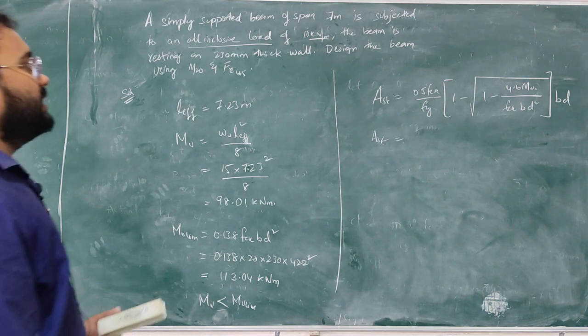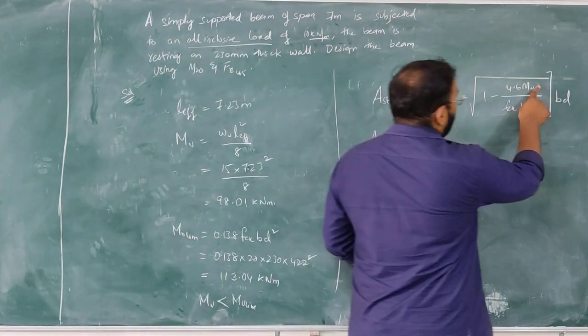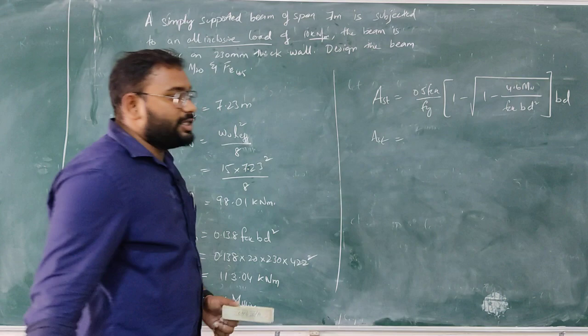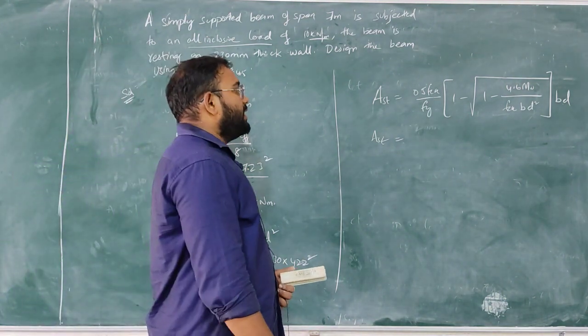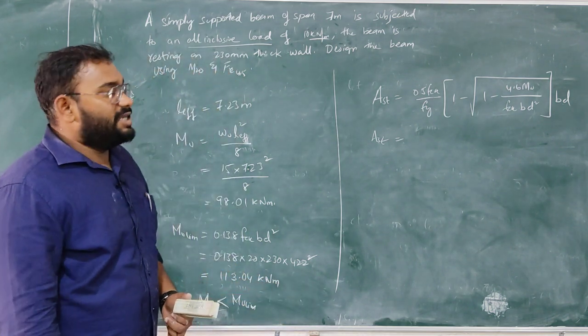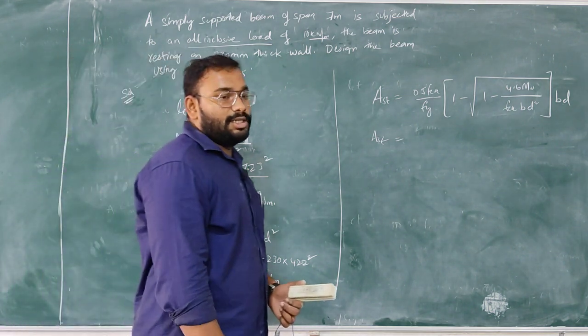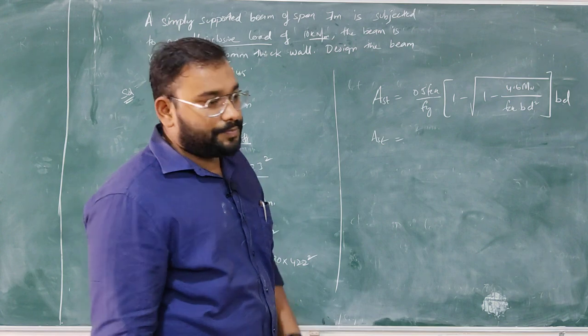4.6 Mu by fck bd square. What is Mu? 98.01 into 10 to the power of 6. Okay, fck is 20, fy is 415, b is 230, d is 422.